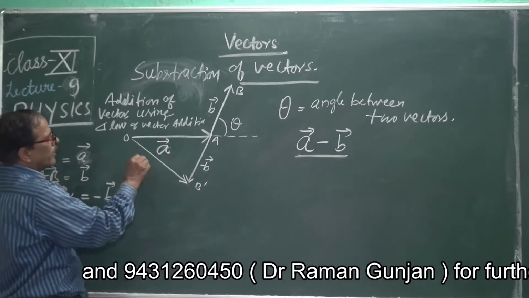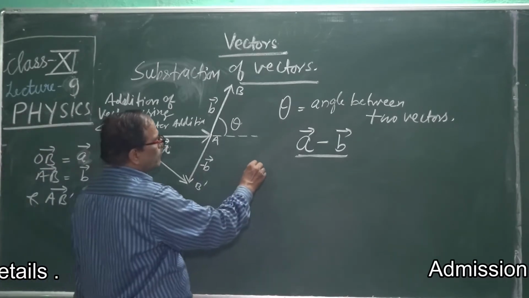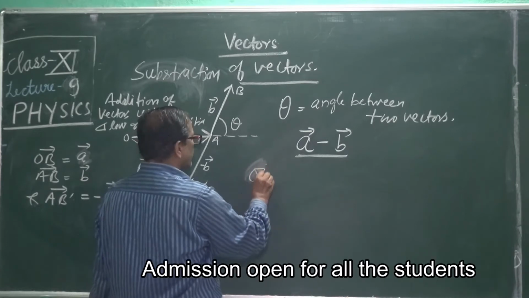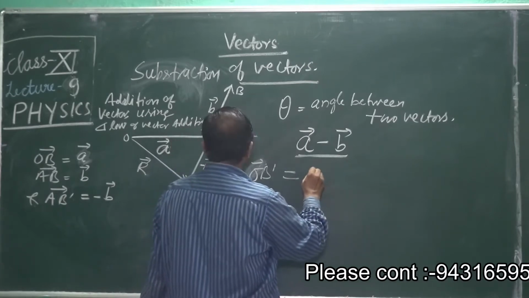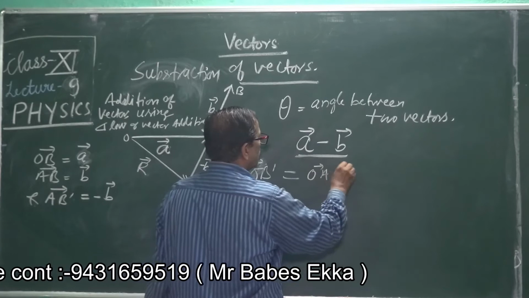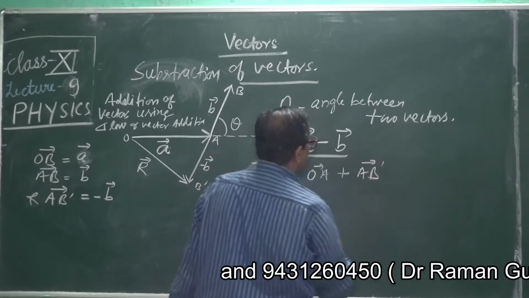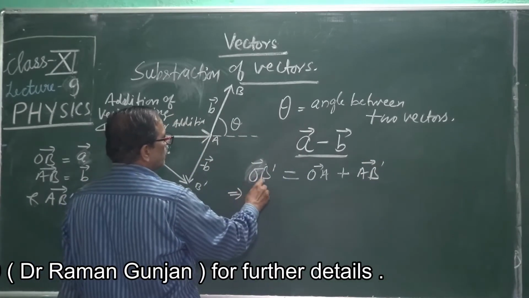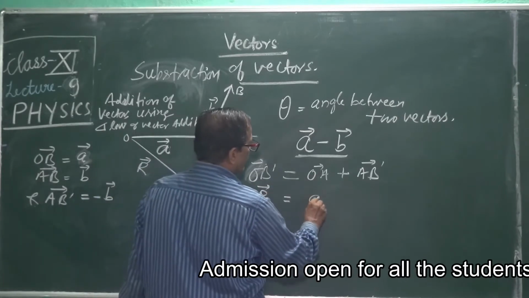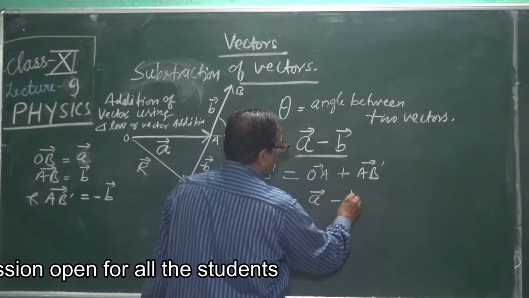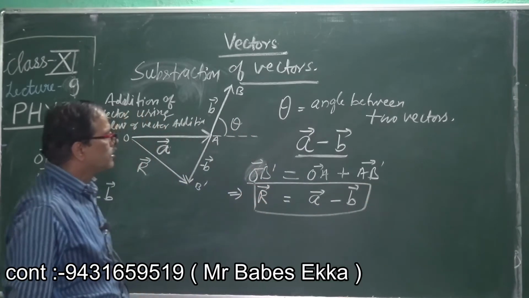So from the diagram, resultant vector OB dash is vector OA plus vector AB dash. So we can write this is your resultant vector, and here vector A and this is minus B vector. So it gives the subtraction of two vectors.